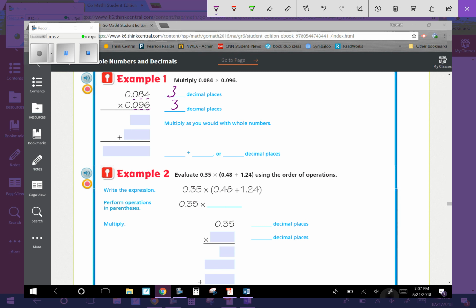So we're going to multiply like we would with just normal whole numbers. So again, we're going to ignore those decimal places until we're done multiplying. So we multiply. 6 times 4 is 24, 48, 49, 50. 6 times 0 is 0 plus 5. We get 504. Mark that out. Keep our decimal places lined up.